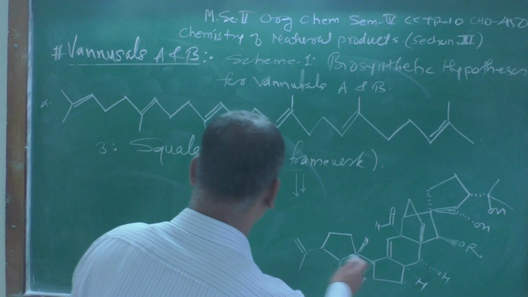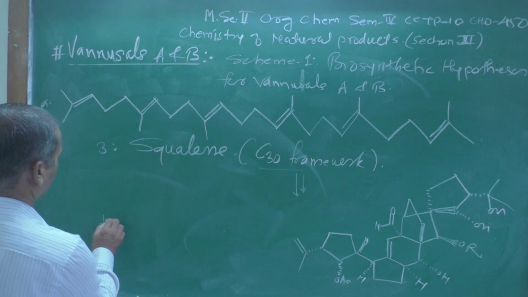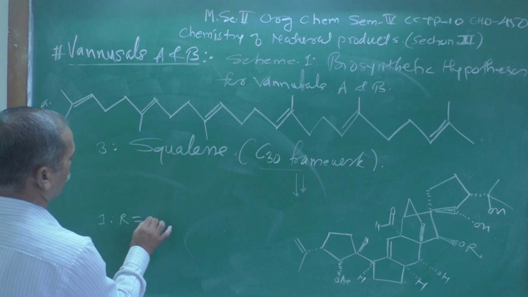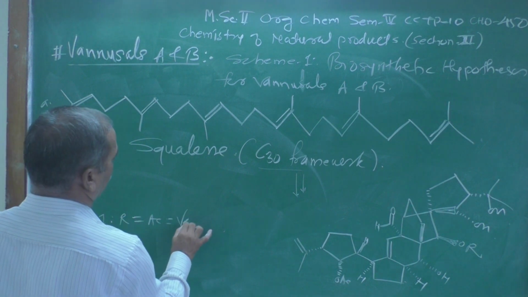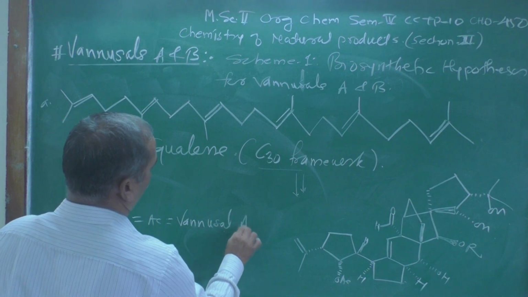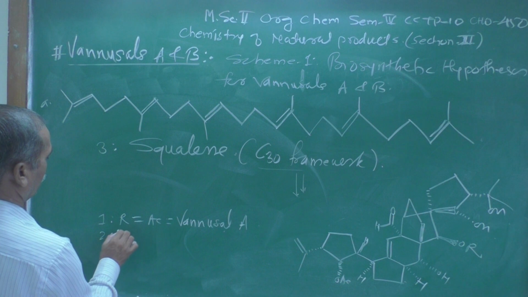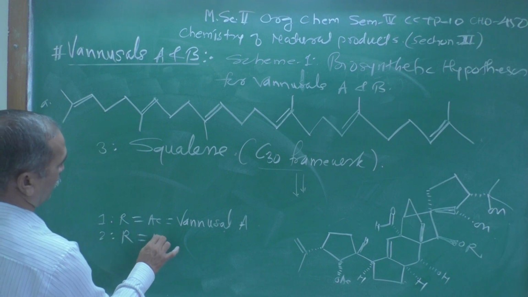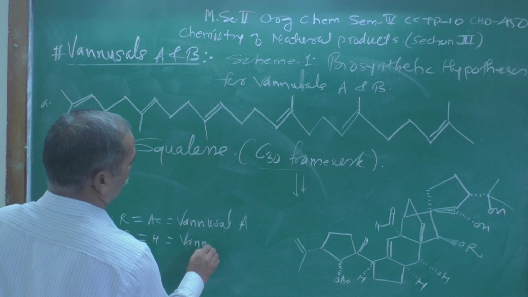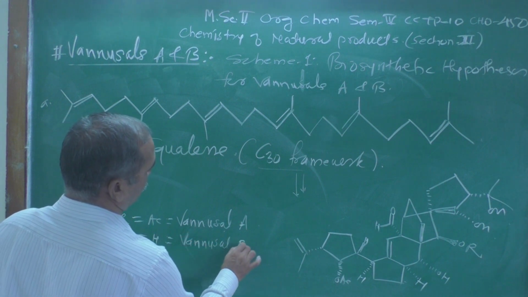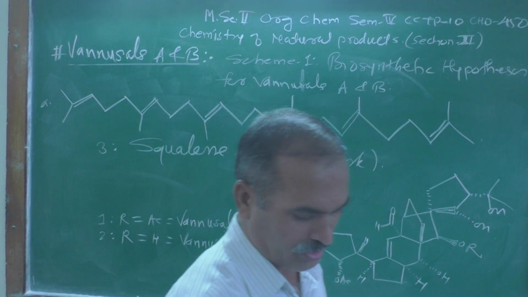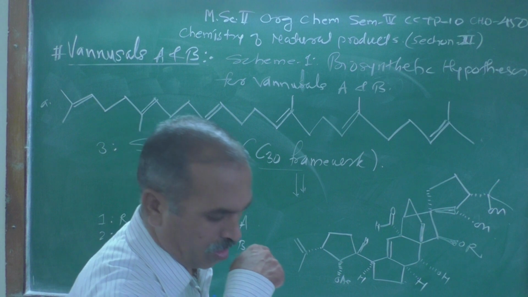Suppose here number 1, as we know, if R is equal to Ac, then we can call it Vanusul A. If the second one has R equal to hydrogen atom, then you get Vanusul B. That is the speciality of the C13 framework excluding acetate.